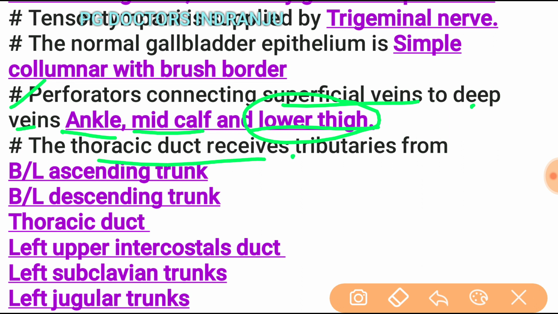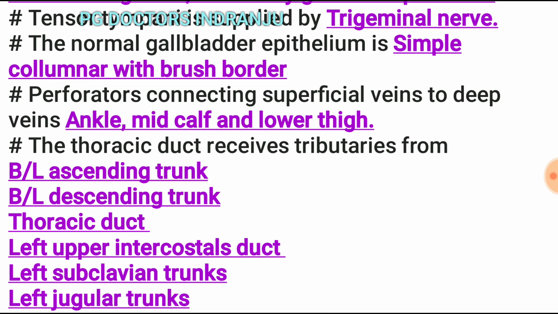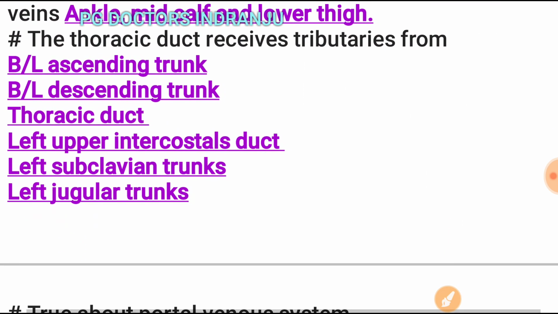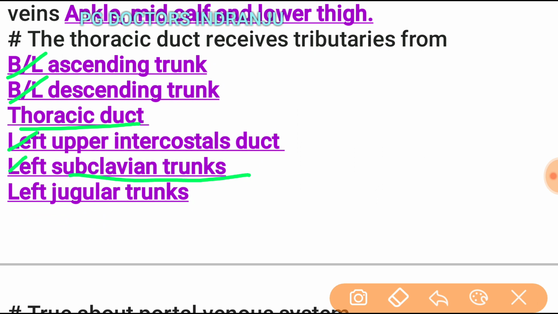Thoracic duct receives tributaries from bilateral ascending trunk, bilateral descending trunk, thoracic duct itself, left upper intercostal duct, left subclavian trunk, and left jugular trunk.